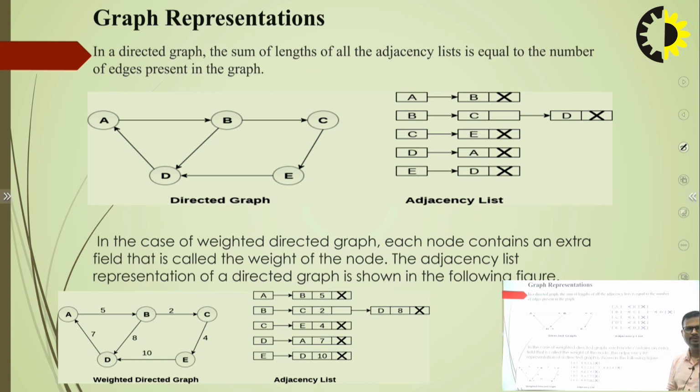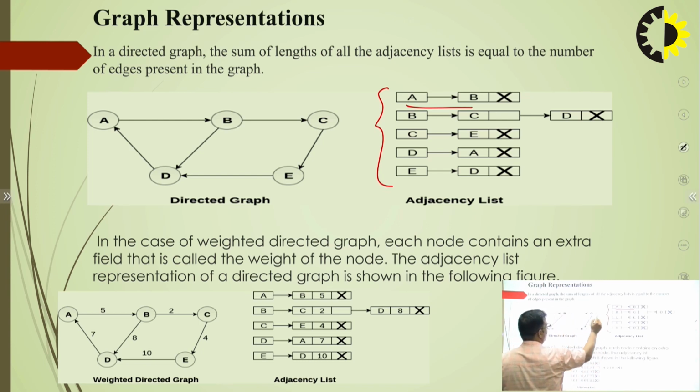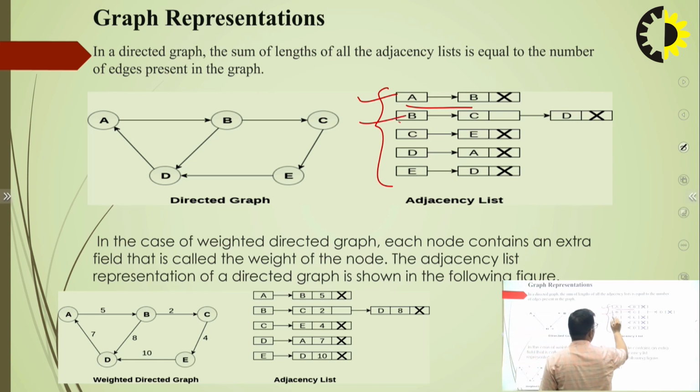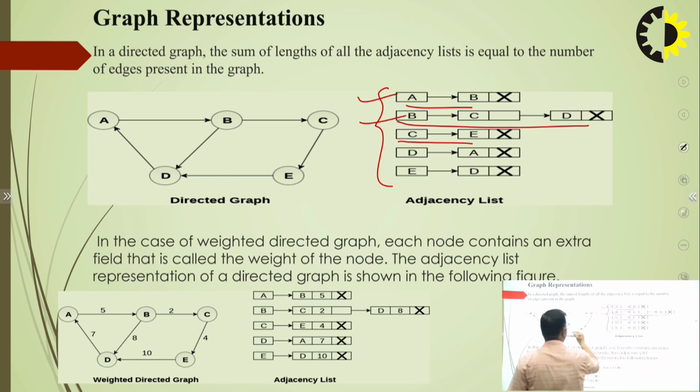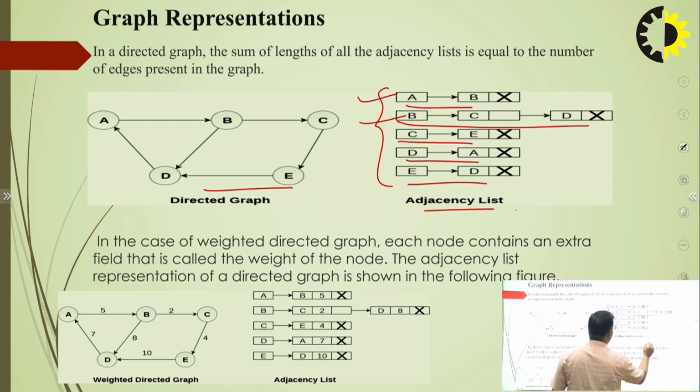Then this is the procedure for the directed graph. A to B, next B to C and C to D. Next C to E, then D to E, then E to D. These are the adjacency lists.